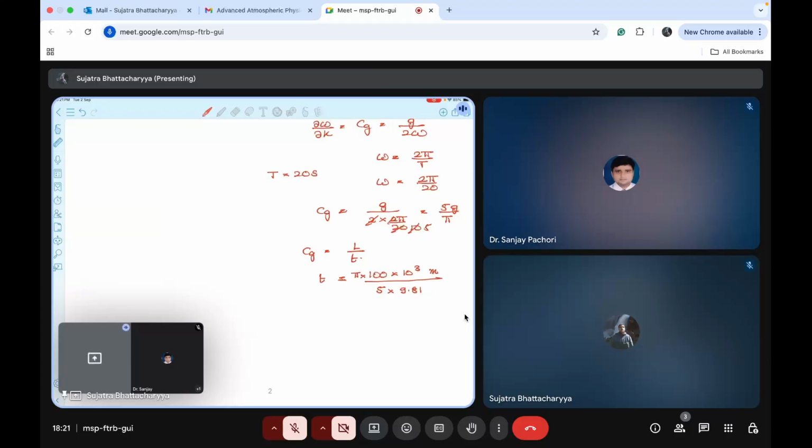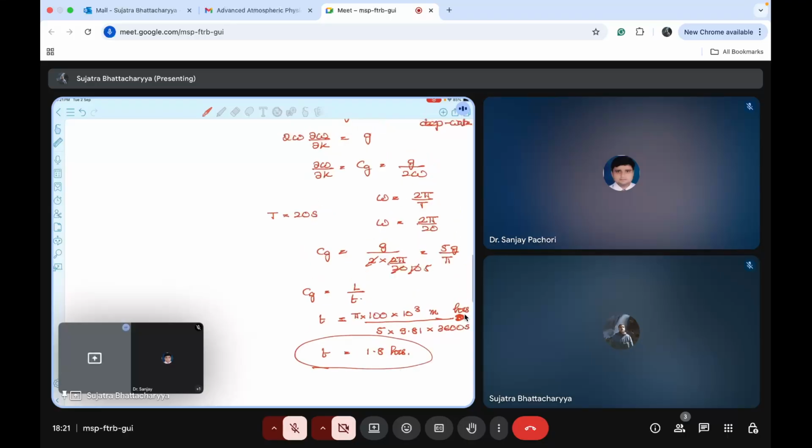So if you do all these calculations, this will come in seconds, remember. In order to convert it to hours, you have to divide by 3600. So this will be in hours. If you calculate, I think it comes out to roughly about 1.8 hours. Just check the calculation once.